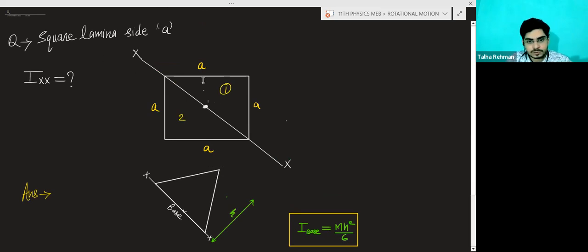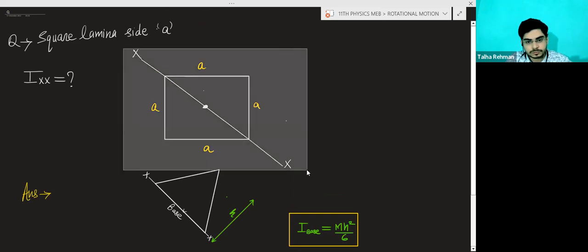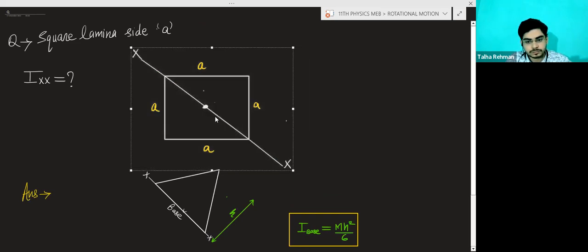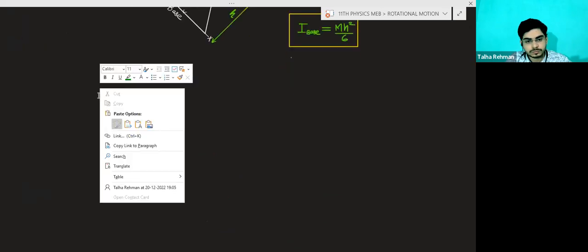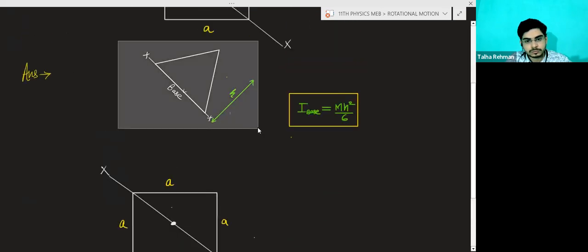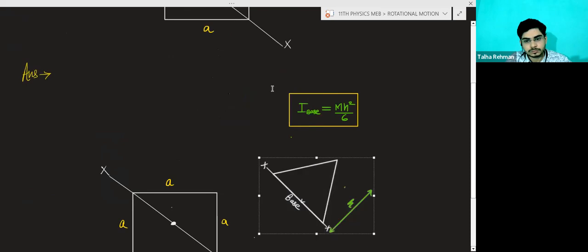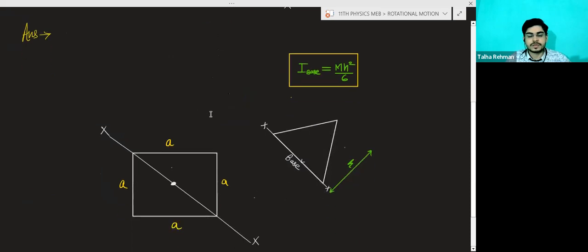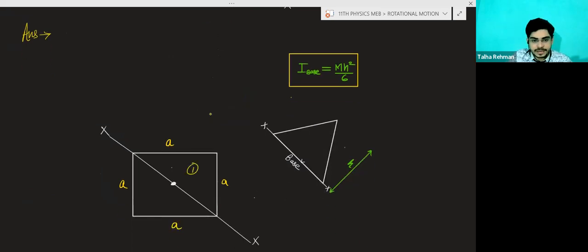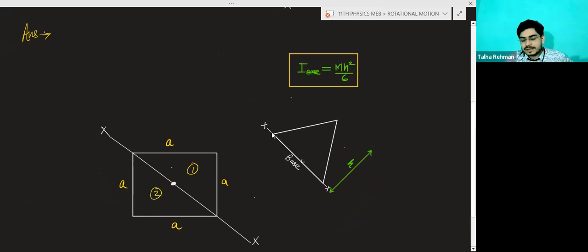So this is one triangle and this is the other triangle. Now if we want to find the moment of inertia about the base of the triangle, what will be the moment of inertia? Mass of the triangle, height square divided by 6.